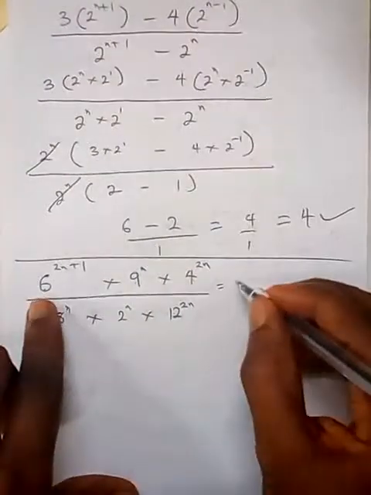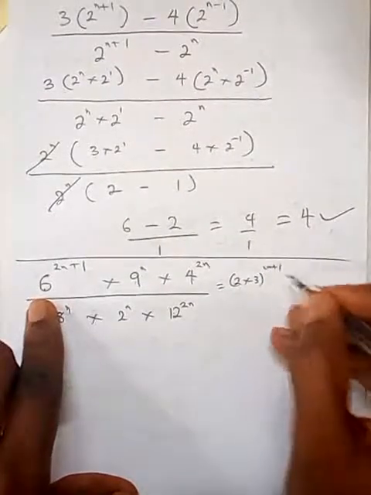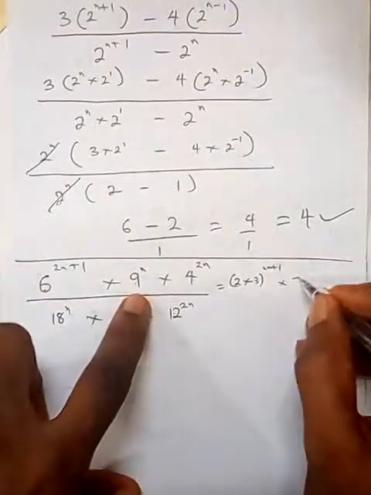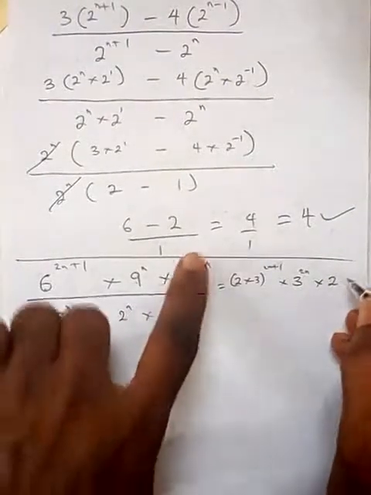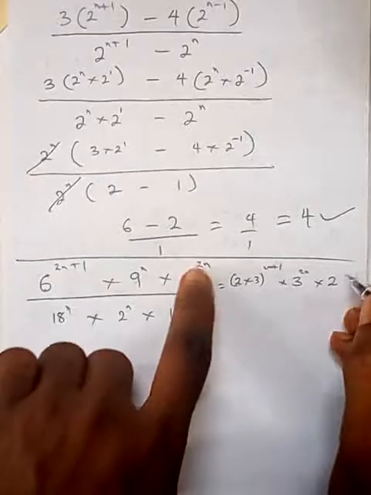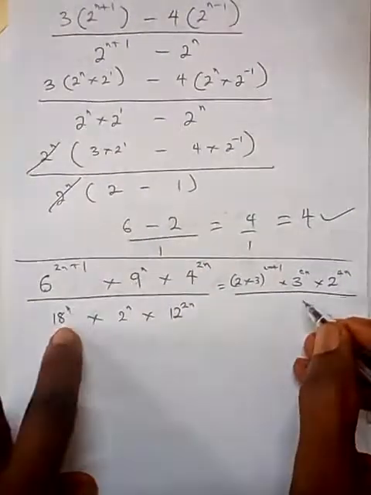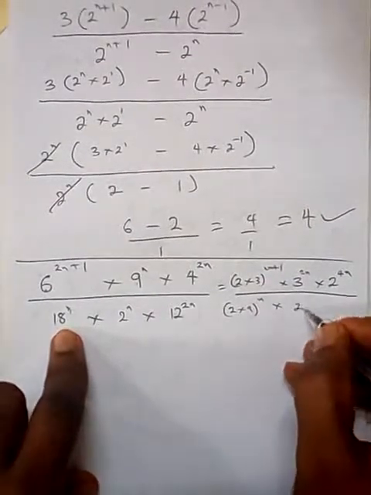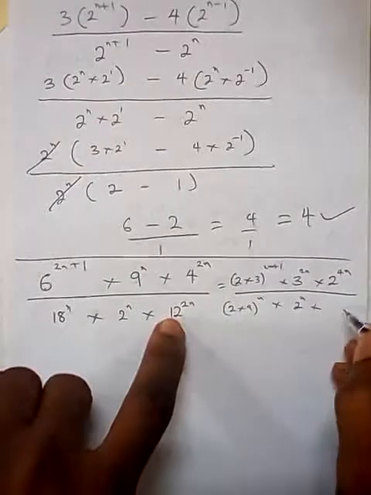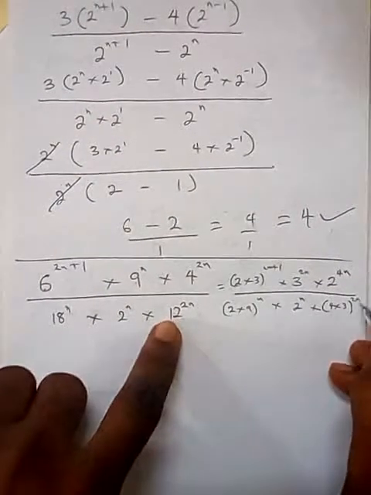So this is 2 times 3 raised to the power 2n plus 1, times 9 is 3 raised to the power 2, 4 is 2 raised to the power 2, and that gives us 2 raised to the power 4n. Over this: 18 is 2 times 9 raised to the power n, times 2 raised to the power n, times 12 is 4 times 3 raised to the power 2n.